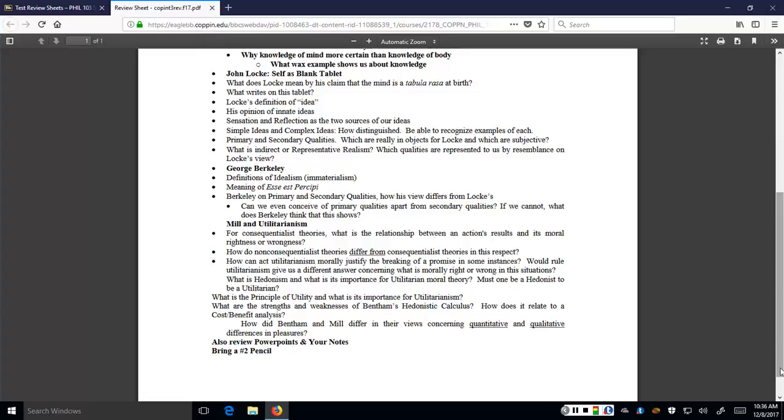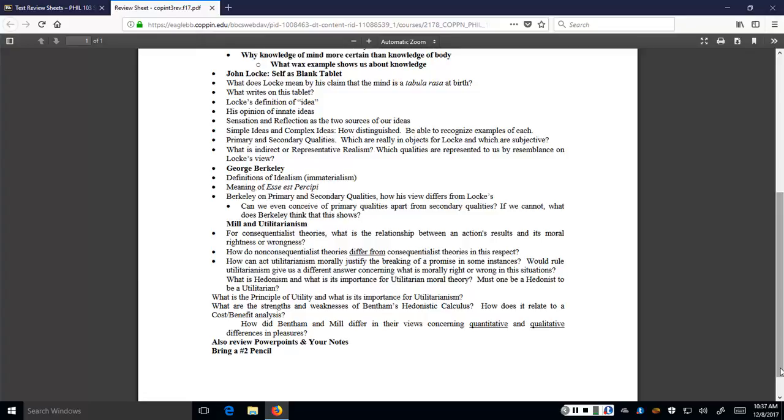The mind perceives only ideas, not directly anything in the external world for the empiricists. So Locke defines an idea as whatever is the object of the understanding when a man thinks, when a human being thinks. In other words, whatever we experience is experienced as an idea.